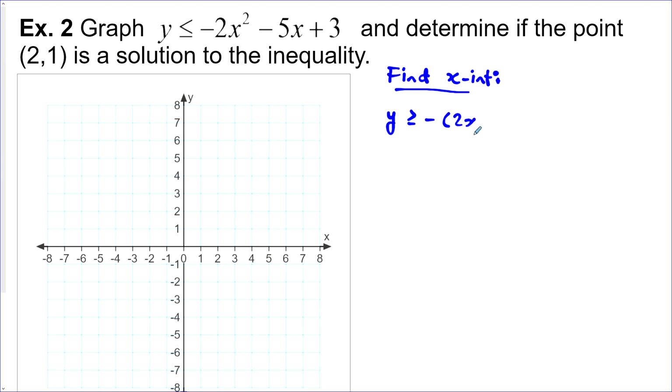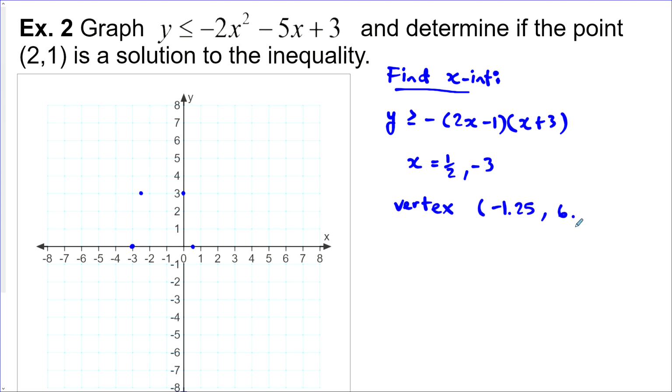And we had 2x minus 1 and x plus 3, so our x-intercepts are at 1/2 and negative 3. Our constant term here gives us the y-intercept, so that would be 3. And then the vertex, again from the warm-up, was negative 1 1/4 and 6 1/8. That would be that point there.